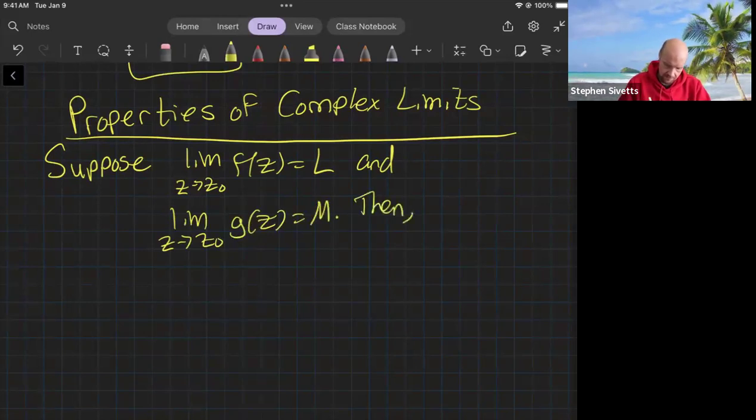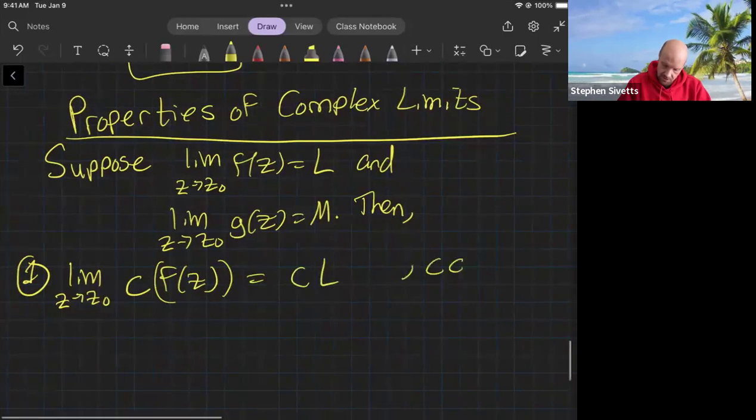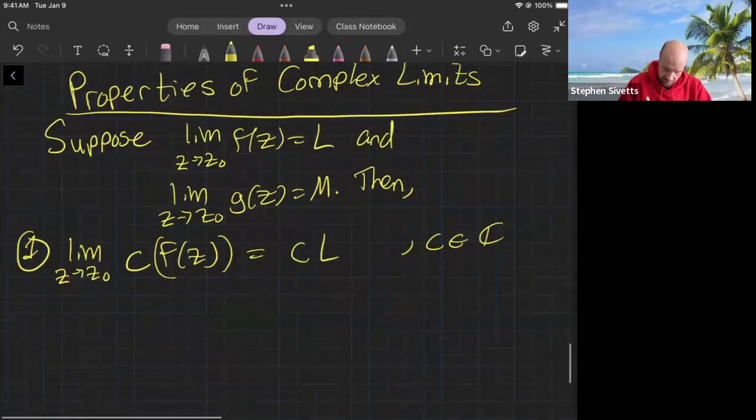Then the following is true. First, the limit as z approaches z naught of a constant c times f of z is equal to c times L. c is just a complex number. It's a constant.